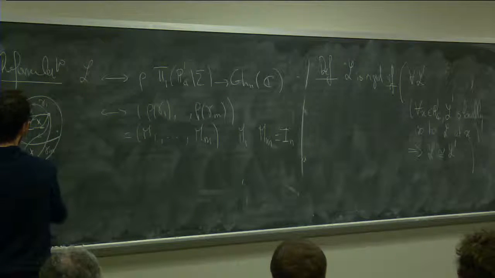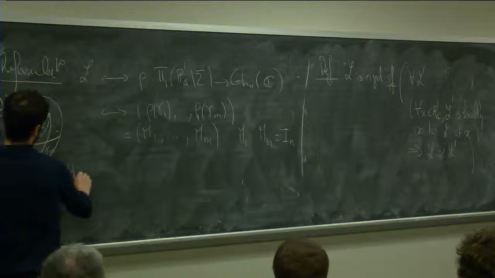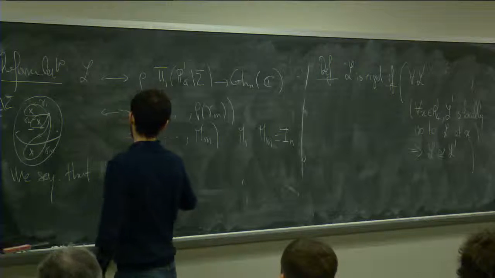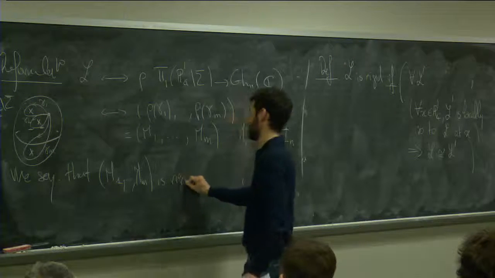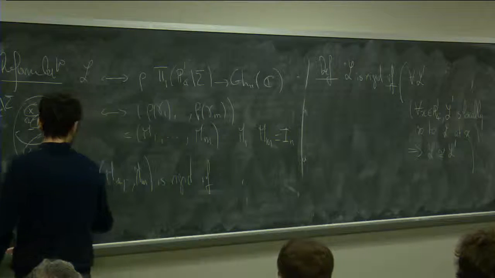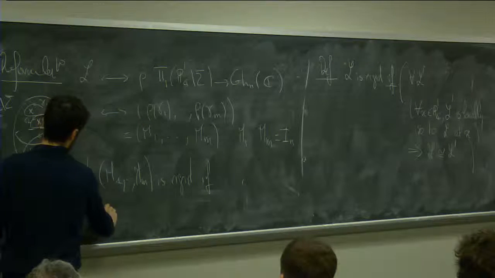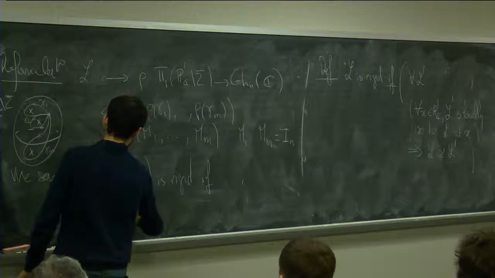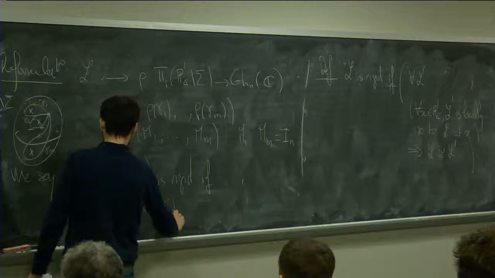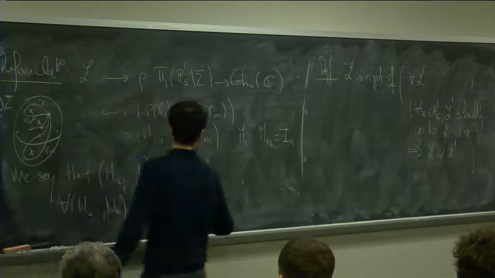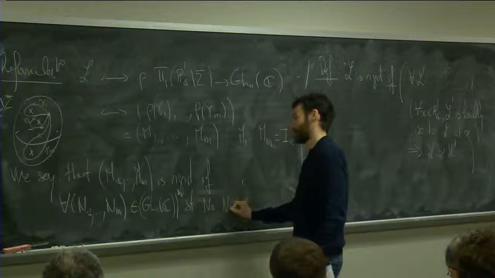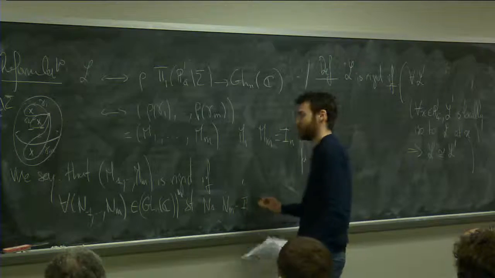So we say that M1 to Mm is rigid if for all N1 to Nm, so these are matrices in GL_n of C, such that N1, etc., Nm is equal to the identity.